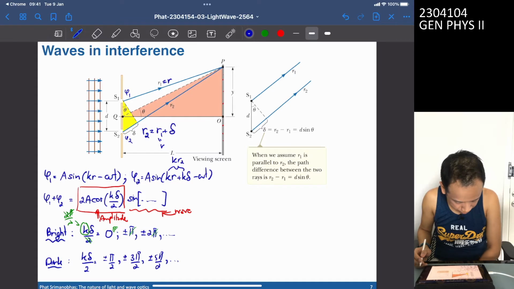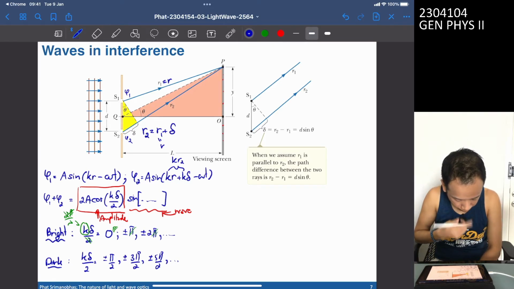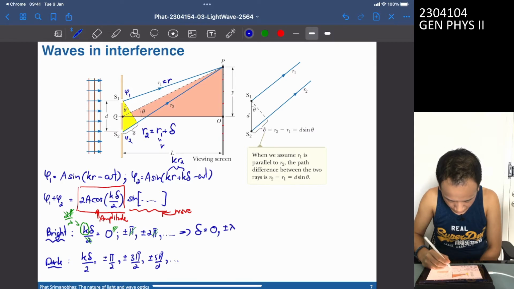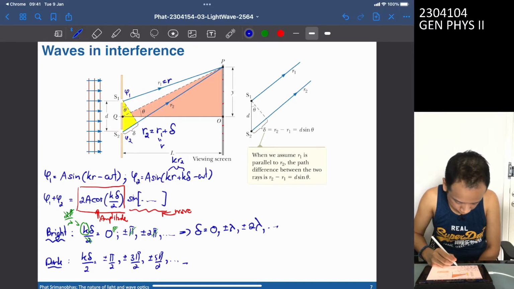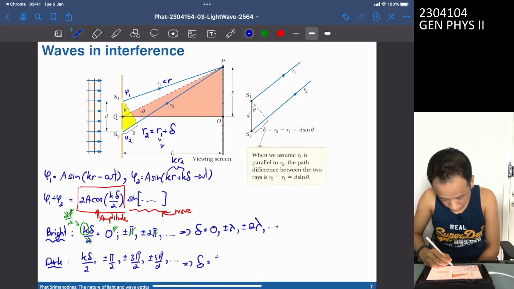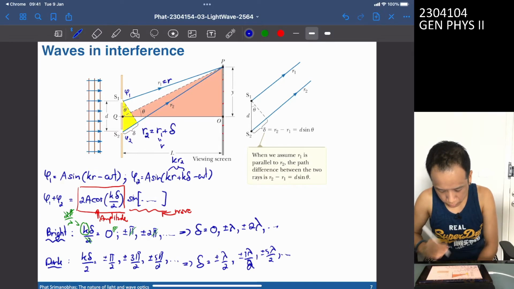What you will get is delta equals 0, plus and minus lambda, plus and minus 2 lambda, and so on, for the bright case. And in the dark case, delta equals plus and minus lambda over 2, plus and minus 3 lambda over 2, plus and minus 5 lambda over 2, and so on.